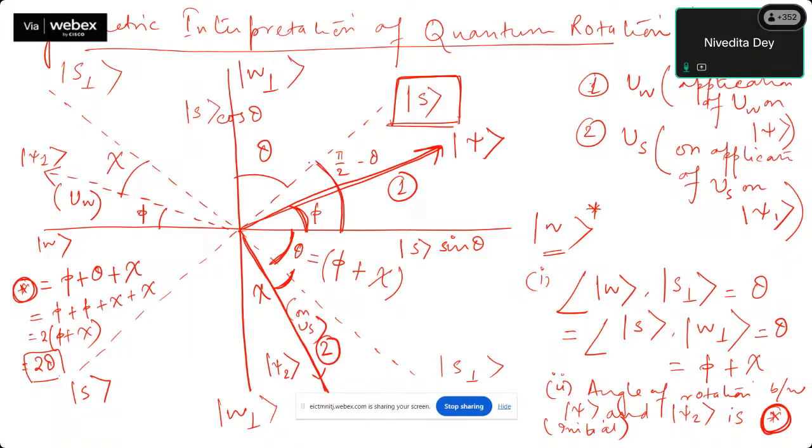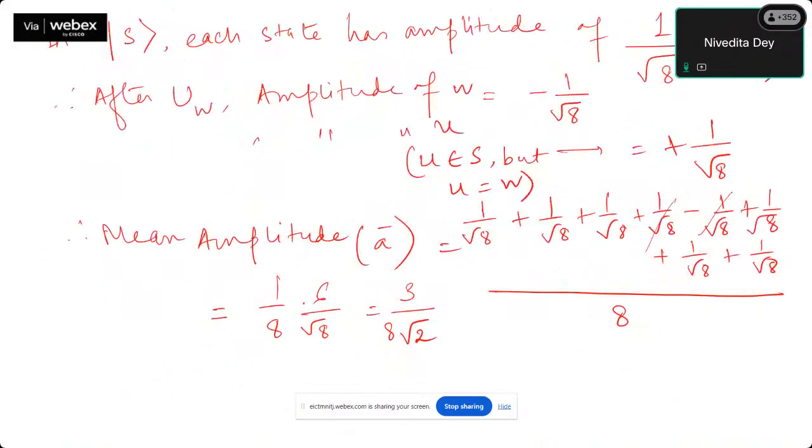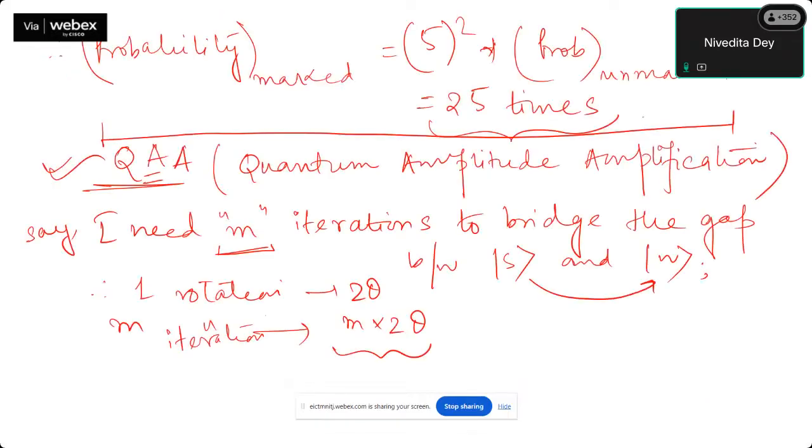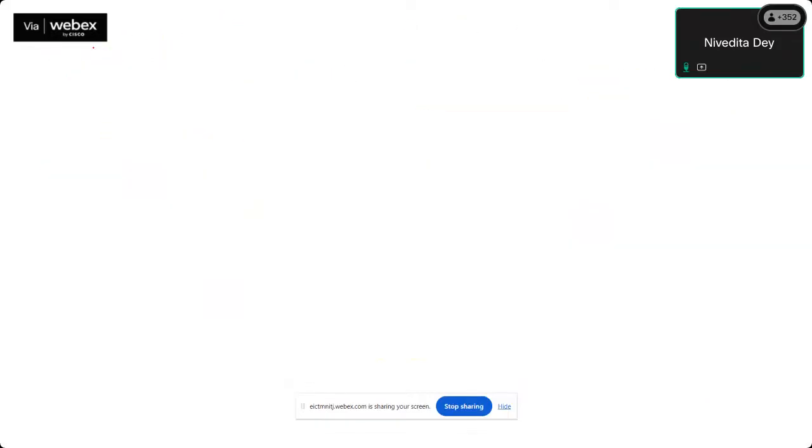That is all I want. So we can frame a straightforward equation: m into 2 theta is nothing but pi by 2 minus theta.